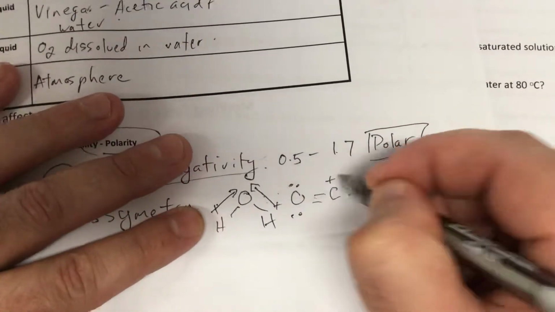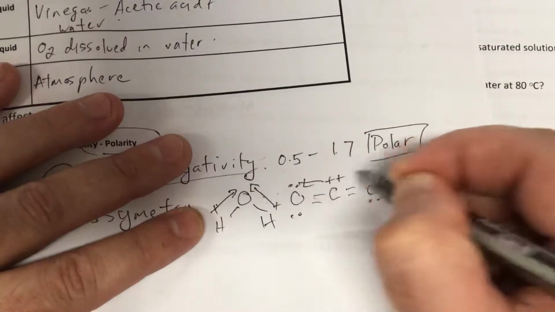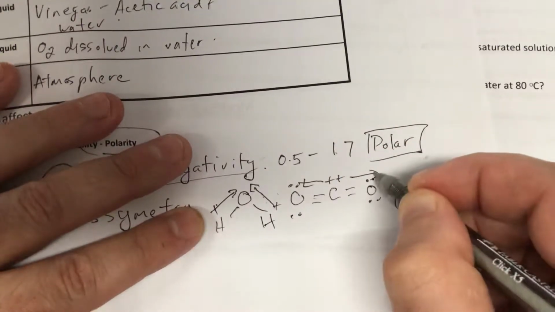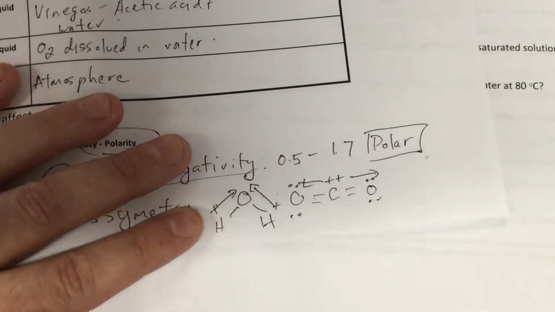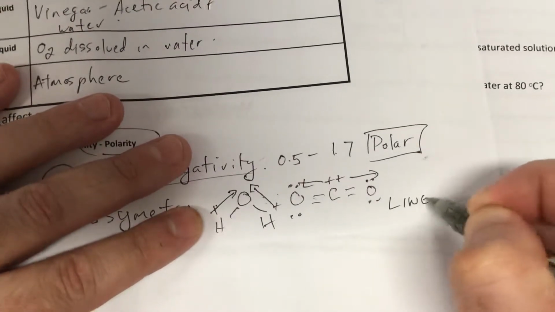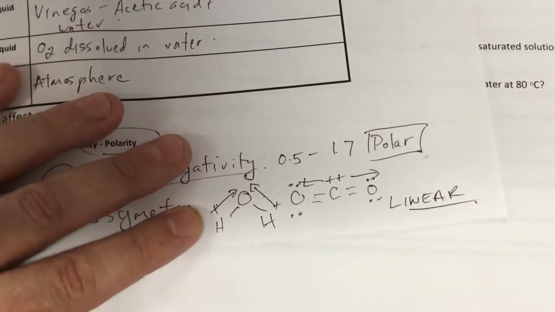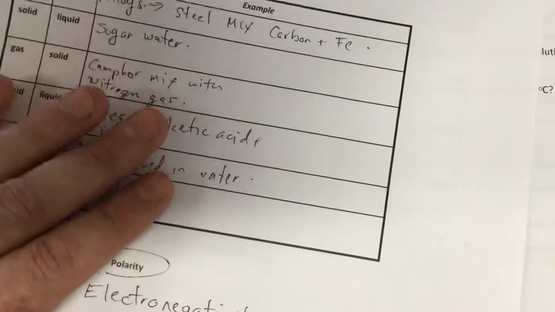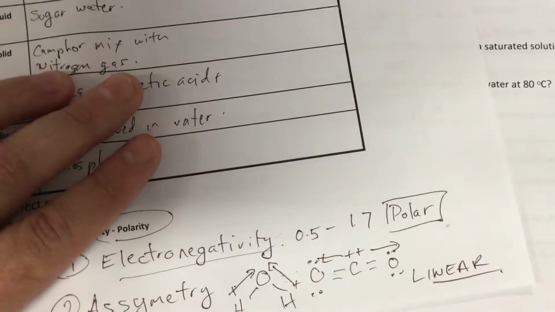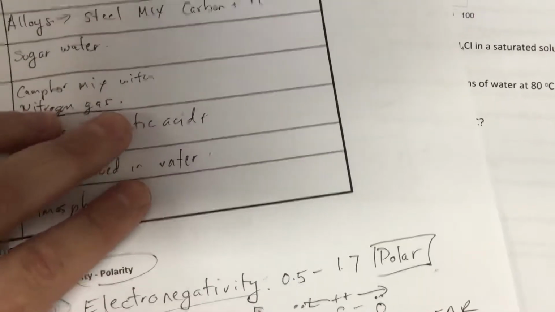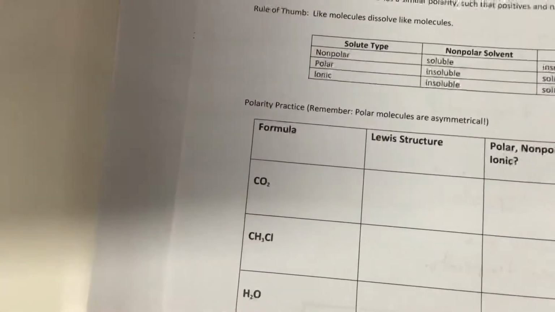It's going to go from positive to negative and positive to negative. And if I slid these over, they would line up on each other and cancel out. So this is a linear molecule that is symmetrical. That means that the dipoles would cancel each other out, which means it's not polar.